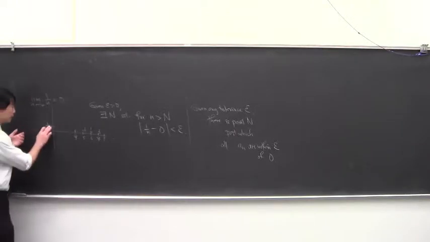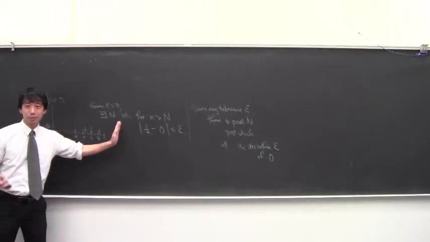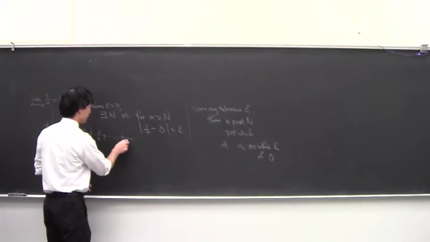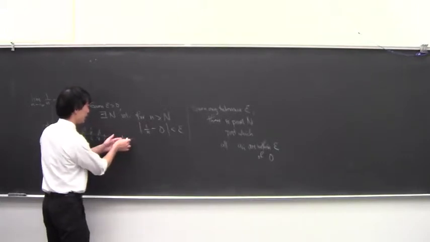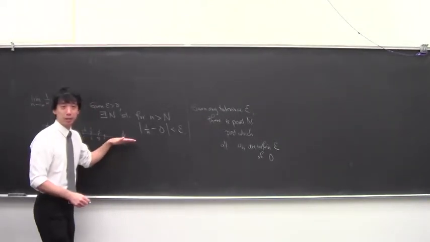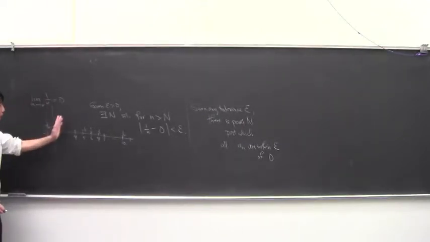If I said, I'd like you to stay within a tenth of 0, well then, what would you choose as your time? 11, or even 10 would work, because at 10 itself the height is 1/10, and anything past that is going to be less than 1/10.